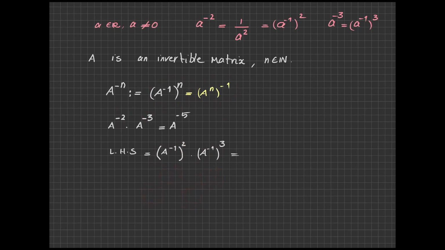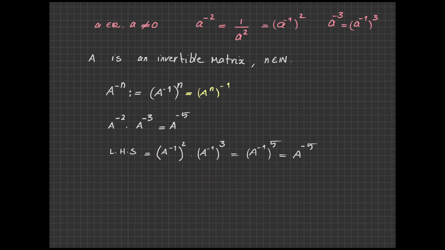So what I can do is write a minus 1 to the power of 5. But if I ask you what is another name for a to the power of minus 1 to the power of 5, we just learned that this is by definition the same thing as a to the power minus 5. Usually you can convince yourself that what we learned for positive powers is also working for negative powers. Yes?